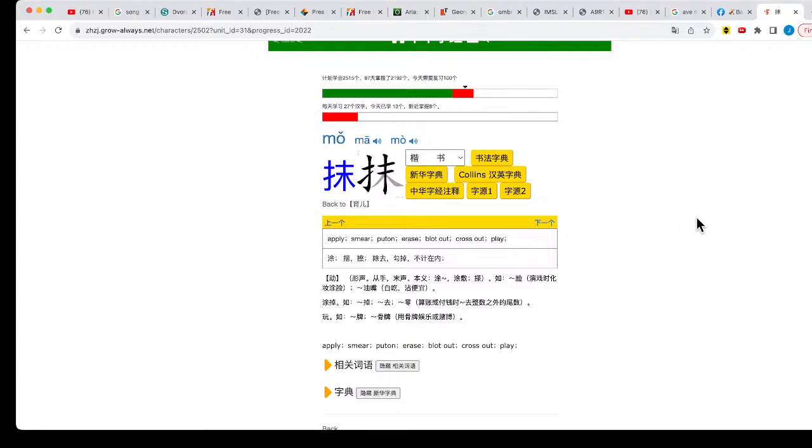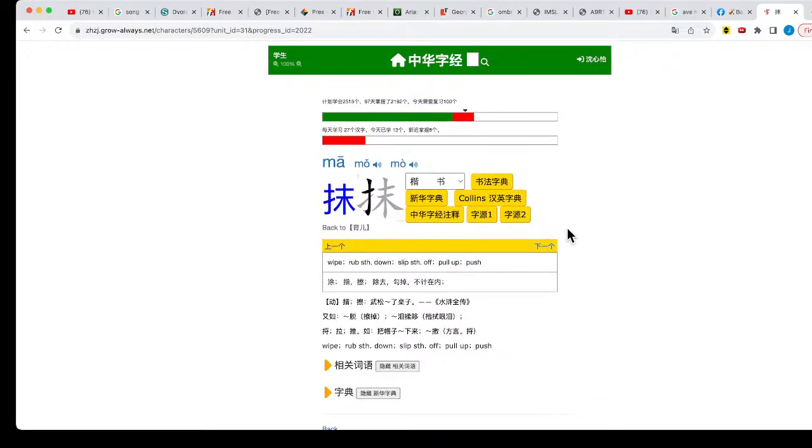When you say 抹, that's a verb. That means wipe clean. Now, this character has two more pronunciations. So next one is 抹. When you say 抹, it's wipe, rub something down, slip something off, push. 抹桌子.